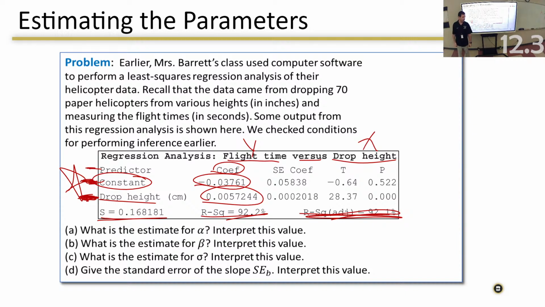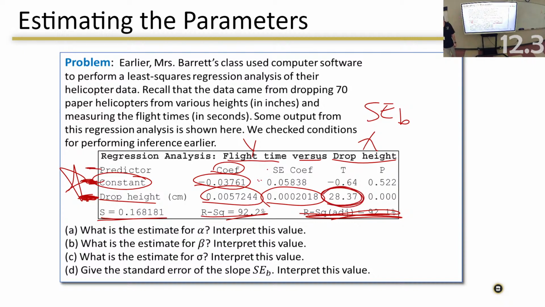Well, here we are. Here's the standard error of the coefficient. That's the standard error of the intercept, which we won't deal with. We always deal with slopes. So this is the standard error of the slope, that SE sub B. Here is the T critical value.